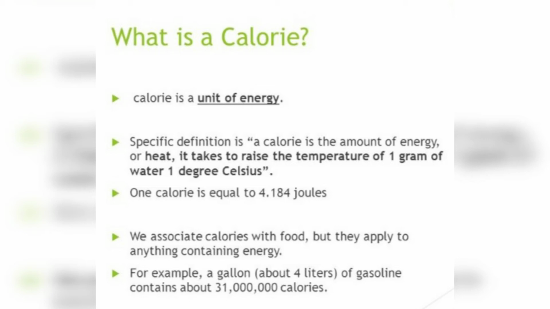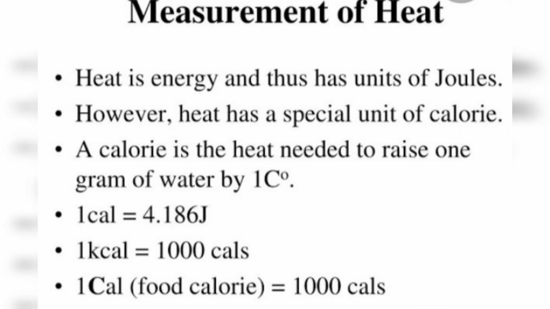Here there is an equality between calorie and joules, that is 1 calorie is equal to 4.186 joules. This is a very important bit, always asked in the examination, that is 1 calorie equals how many joules? 1 calorie equals 4.186 joules.